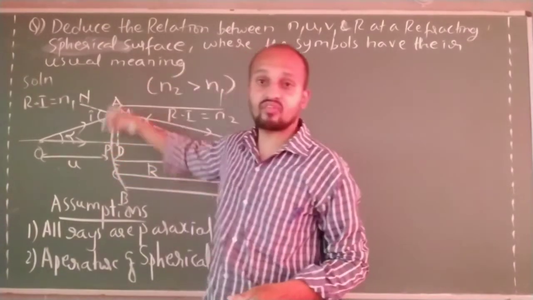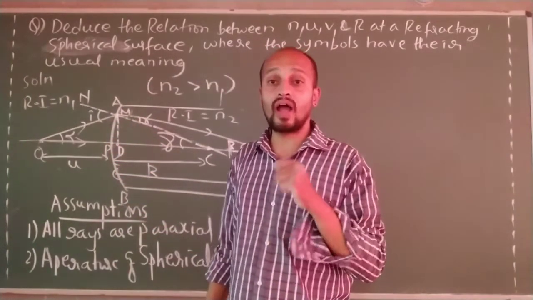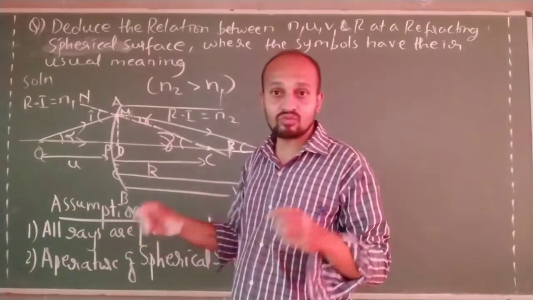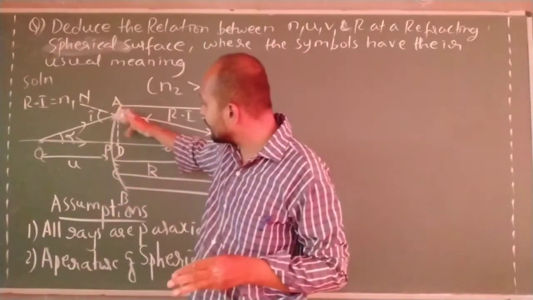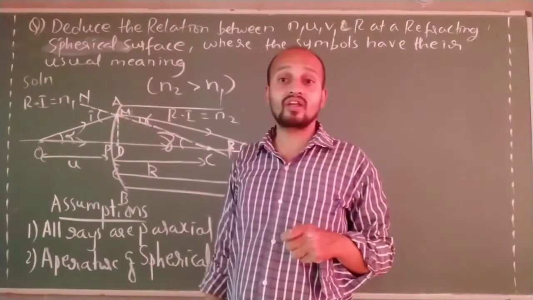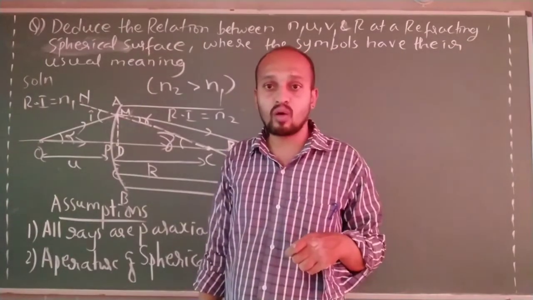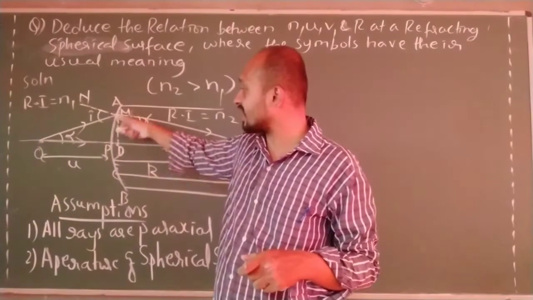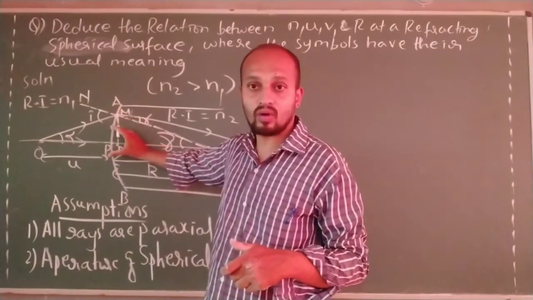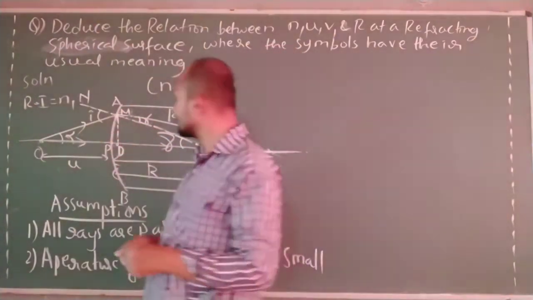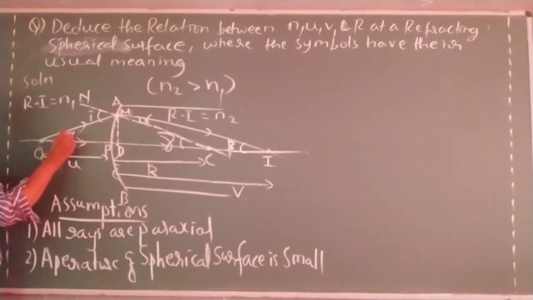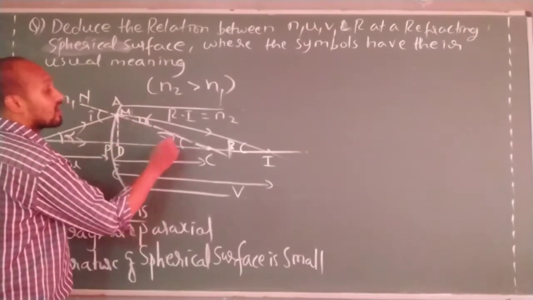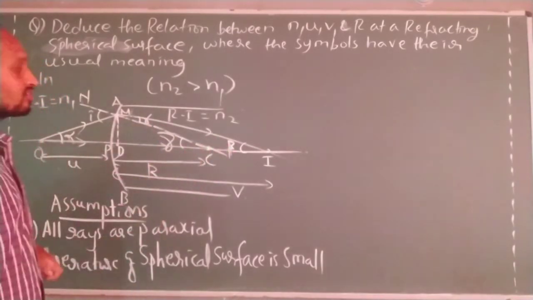Because I am considering only rays nearer to the principal axis, automatically the aperture of the refracting surface becomes small. When this refracting surface is small, alpha will be small, I will be small, R will be small, gamma will be small, beta will be small.